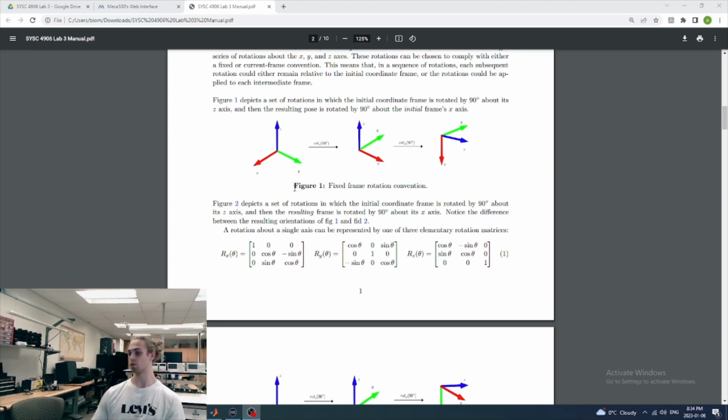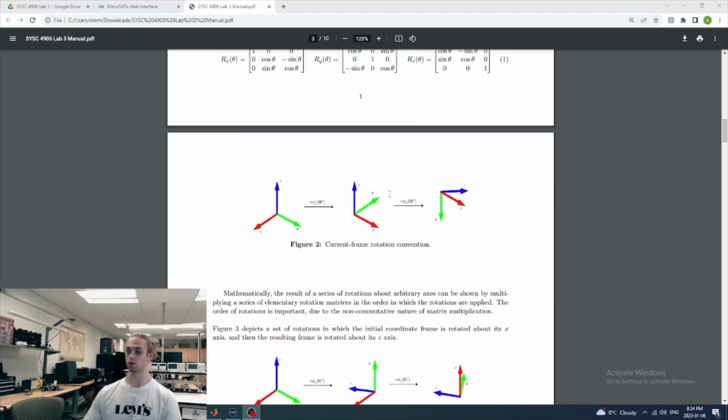So for example, in figure 1 here, we obtain the second set of axes here by rotating about z, but then we obtain the third set here by rotating about where this x-axis is in the first one, but we apply that rotation to the second one.